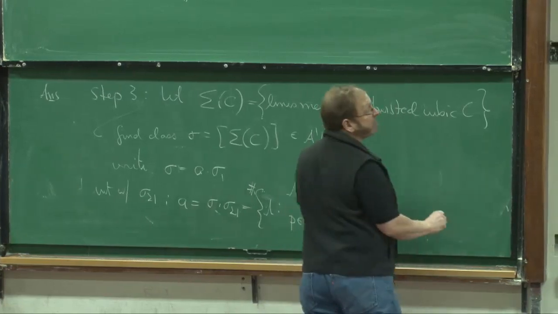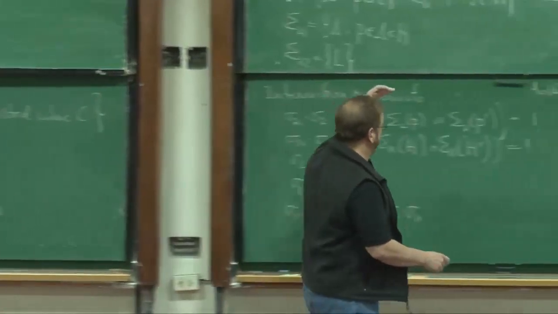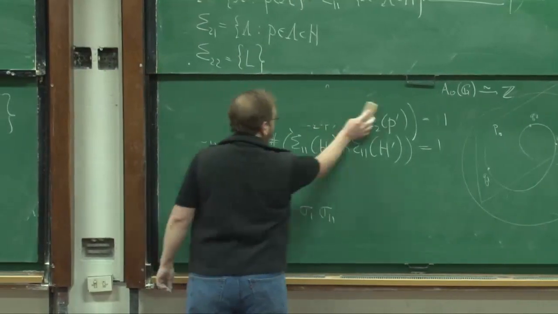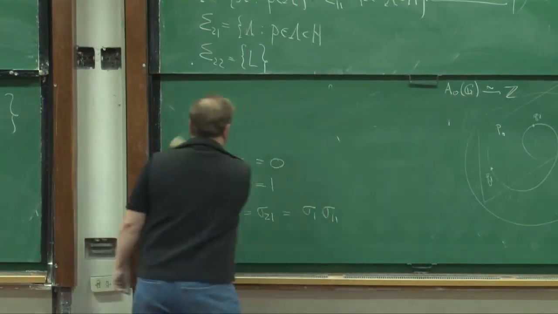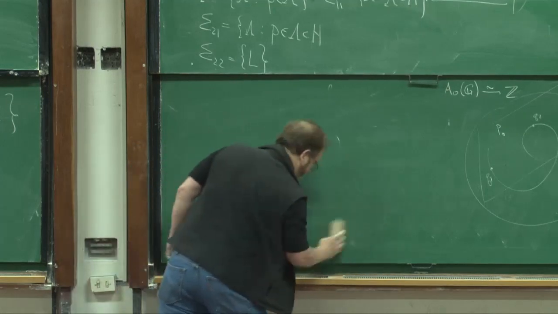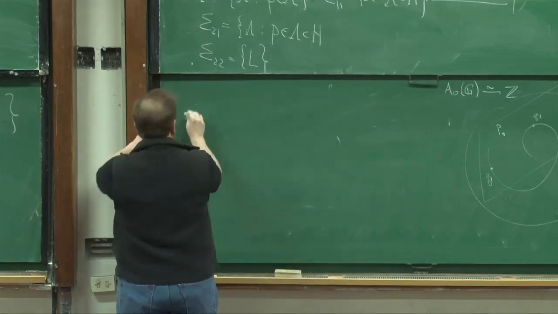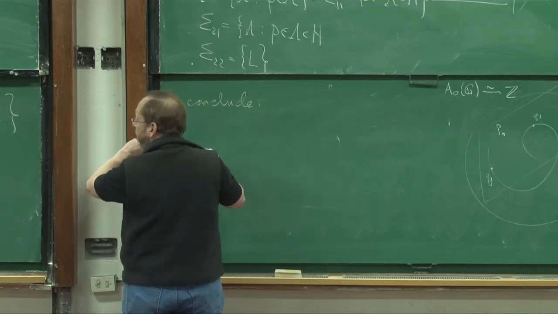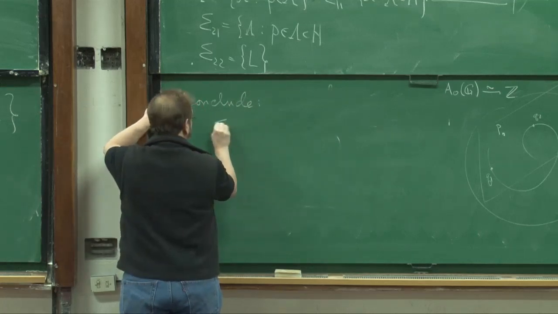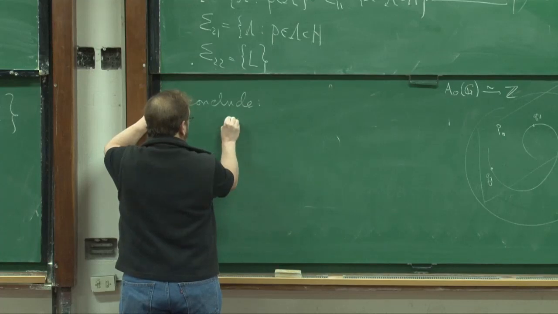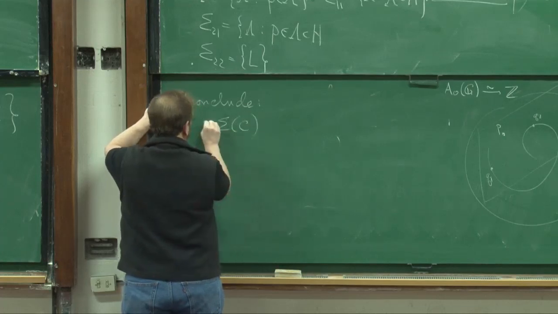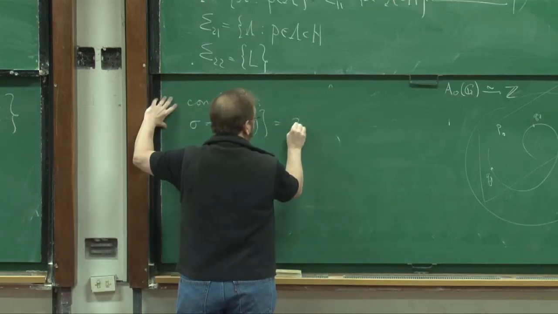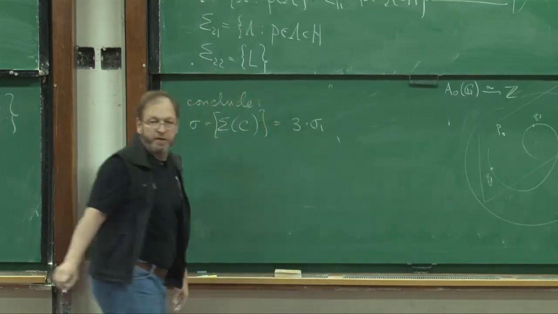And the conclusion is, finally, that, I guess I'll just erase this, because we now know the intersection products. So what we conclude, and this is, again, step 3 in our paradigm, is that the class sigma of C, or what we're calling class sigma, is just 3 times sigma 1.